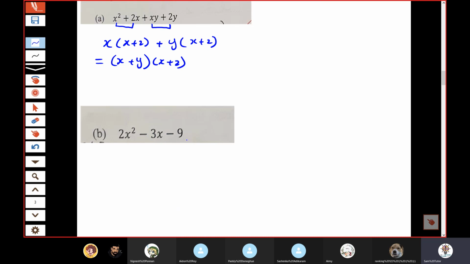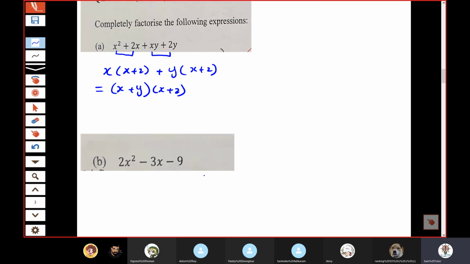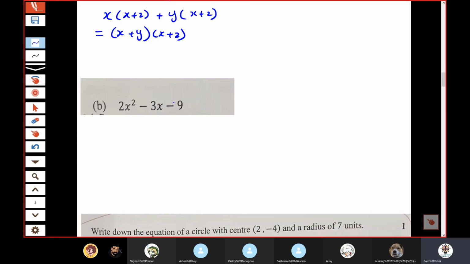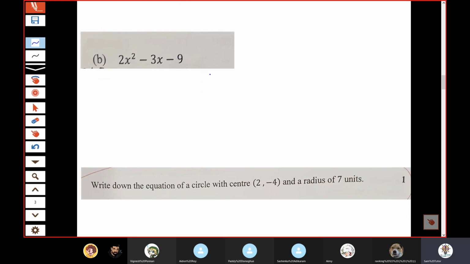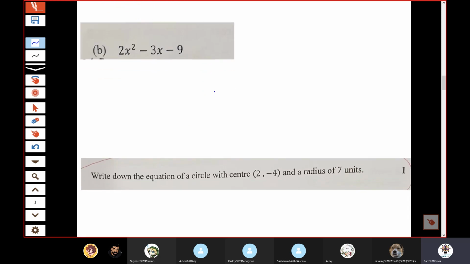2x squared take away 3x minus 9. You've got to factorize. The way I taught factorizing of trinomials was the cross method. You've learned it the PSF method or any other method, that's up to you. So 2x and x, 2 numbers that multiply to get you 9. That would be 3 and 3. And then 6, 2 times 3, 6.